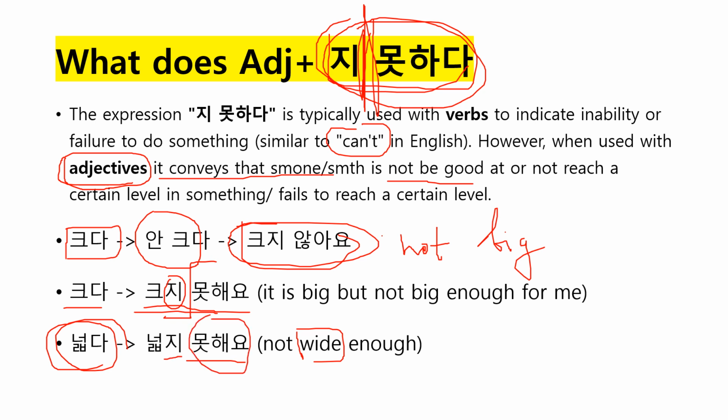If you say 넓지 않아요, it becomes that it's not wide, 100%. You're just using a negative sentence. 넓지 못해요 means, well, you don't want to be so direct in saying a negative sentence. That's why you can also use 지 못해요 to sound a little softer than just 크지 않아요 or 넓지 않아요. So not enough, not wide enough, not big enough.